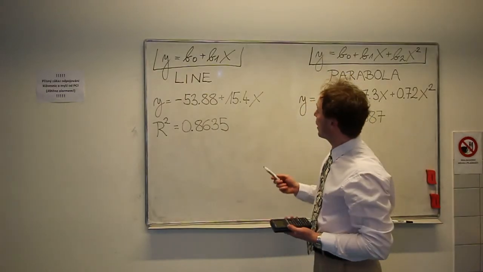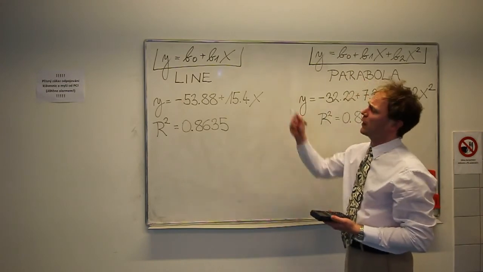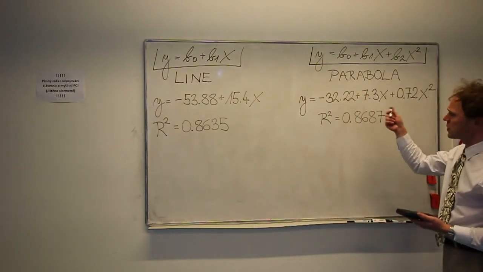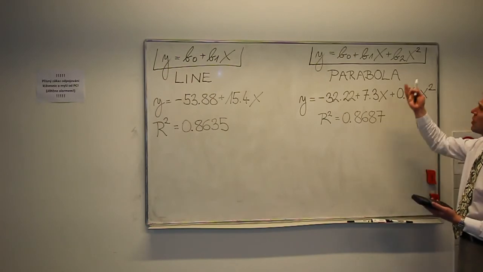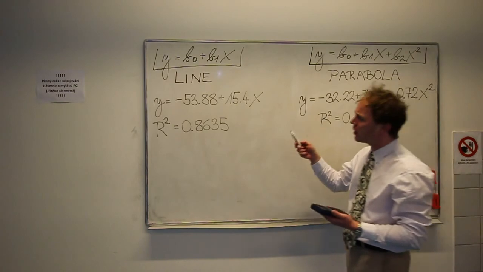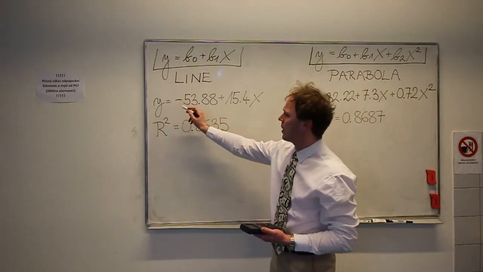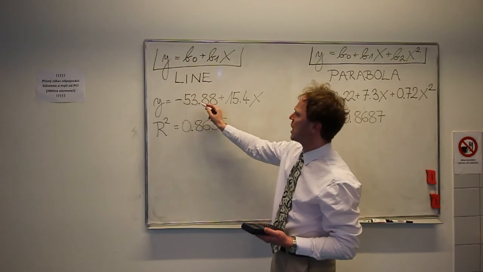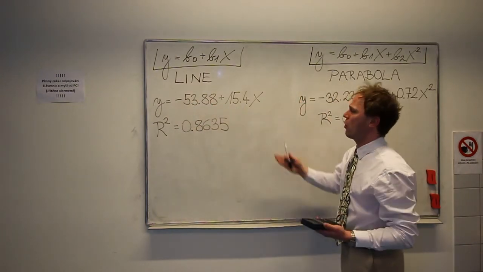Okay, so I rewrite the coefficients of the regression line and the regression parabola from Excel on the whiteboard. If you remember the yellow values, the regression line is equal to minus 53.88 plus 15.4x.